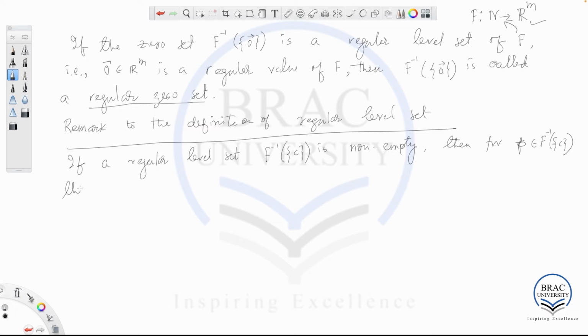The map F from N to M, we know that this is going to be surjective from the definition of regular level set, and hence it is a submersion at P.